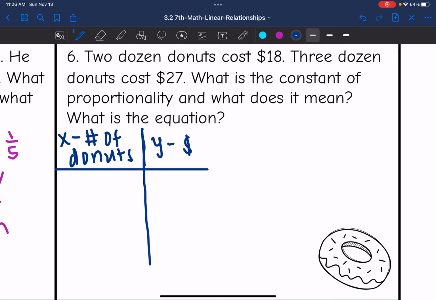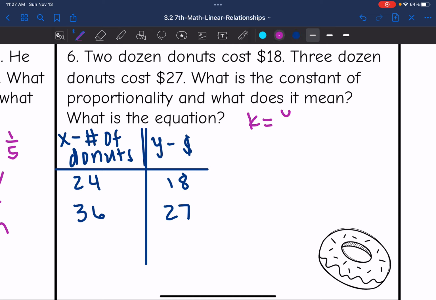So 2 dozen donuts means 24 donuts, and that cost $18. And then 3 dozen donuts would mean 36 donuts, and that cost $27. So now I can do y divided by x to find k, the constant of proportionality. And I'm just going to use this first one right here. It would be 18 over 24, which I can pull a 6 out of both of those.